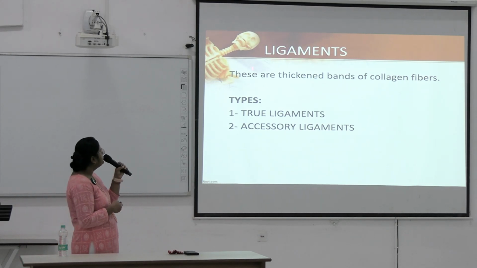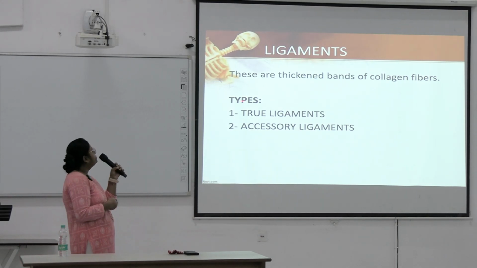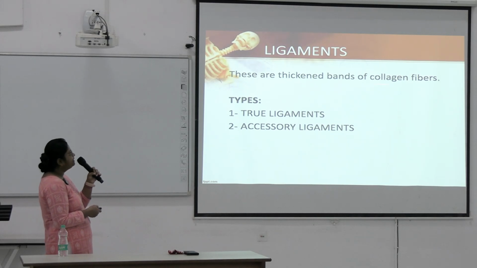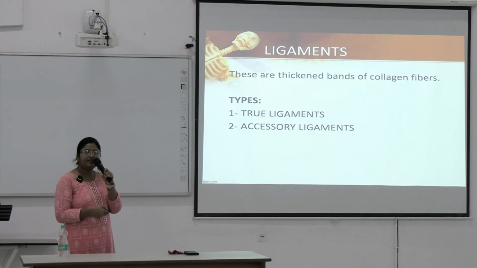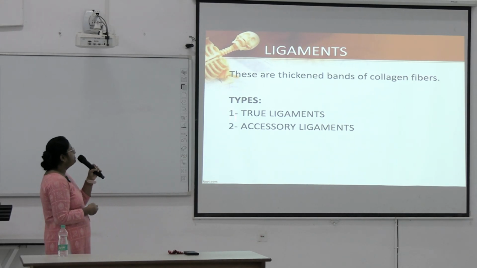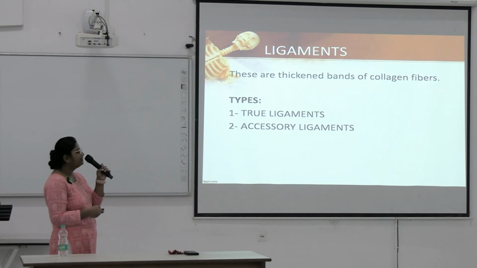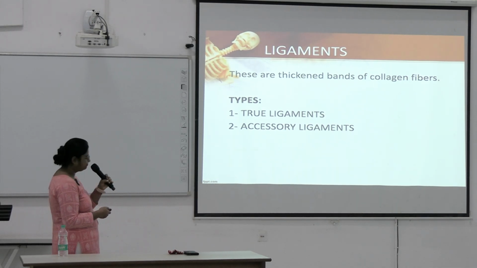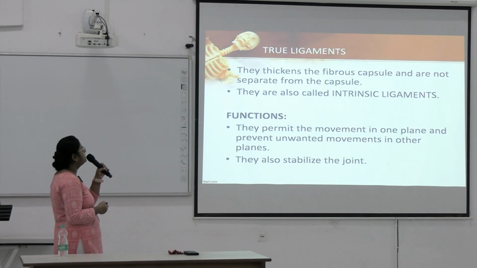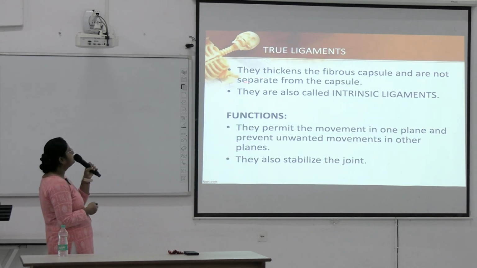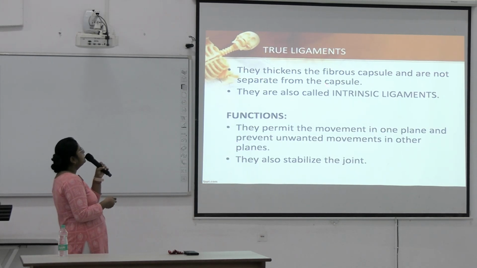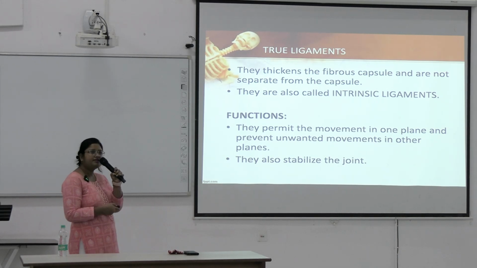Next component is the ligaments. These are thickened bands of collagen fibers. Two types of ligaments are present in our joints: true ligaments and accessory ligaments. True ligaments thicken the fibrous capsule and are not separate from the capsule.